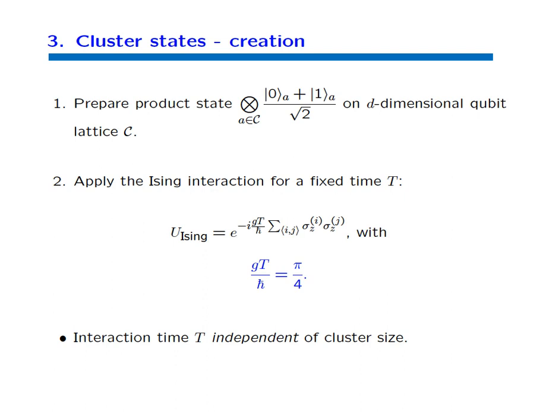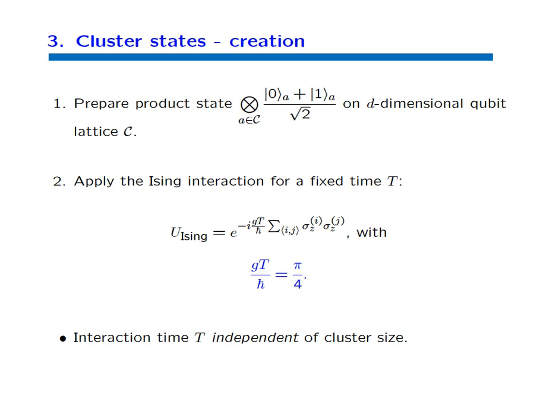The procedure has two steps. The first step is that you prepare each qubit in the cluster in an eigenstate of sigma x. Namely, if you want, the positive eigenvalue eigenstate of sigma x. And you can, of course, do this with all those qubits in parallel. So no matter the size, this takes a constant amount of time.